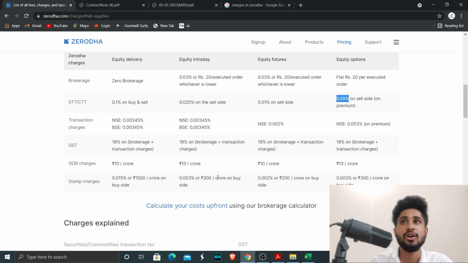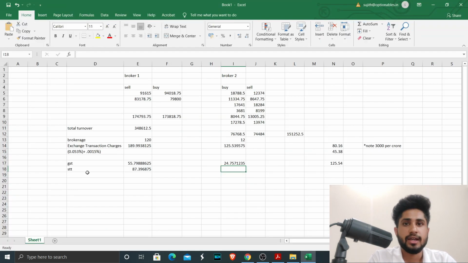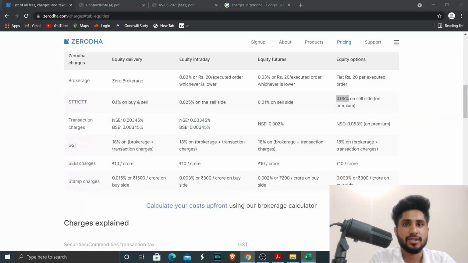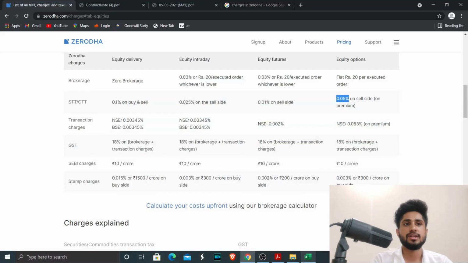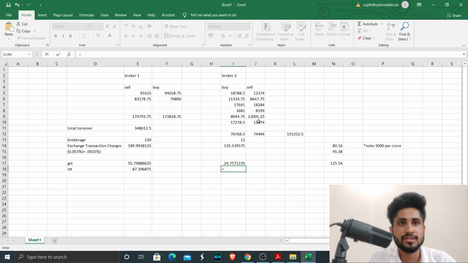So the only way they can charge more is by putting higher clearing charges, so that is the way they can make a little money out of it. And STT is the same, again it will be somewhere around 0.05% on the sell premium. So total sell premium is this into 0.05%.